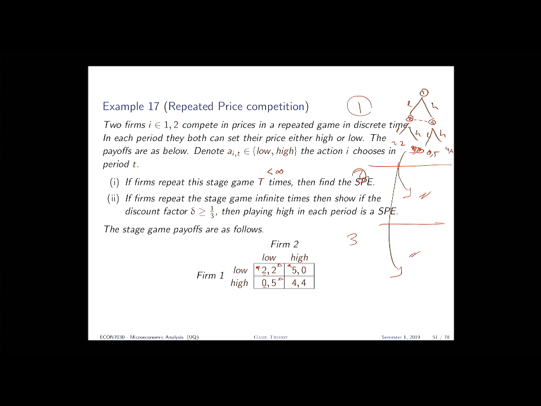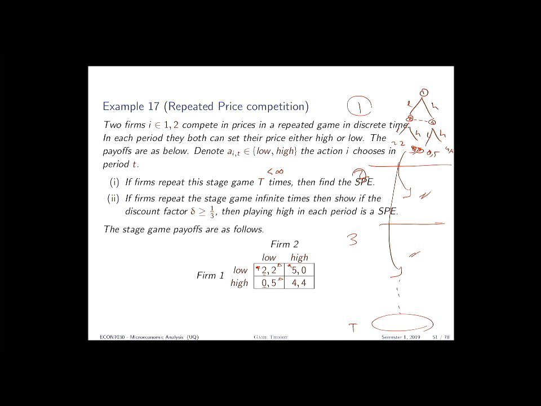Now suppose there's a period t at the end, so we know that the same thing will happen at every period up to period t, and we can draw period t and find the Nash equilibrium, and then everything will be the same up to the end of the game, because nothing changes in each of these periods. They're exactly the same.